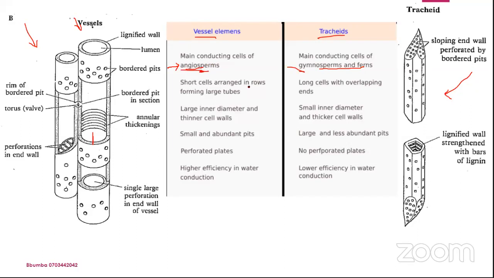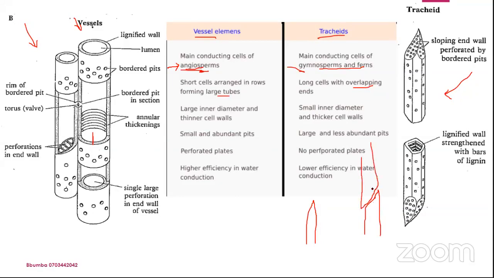Then short cells are arranged in rows, forming large tubes. Those are the large tubes. Then these ones are long with overlapping ends. Overlapping means, let me redraw it here. If this was the tracheid, it overlaps with another cell like that.